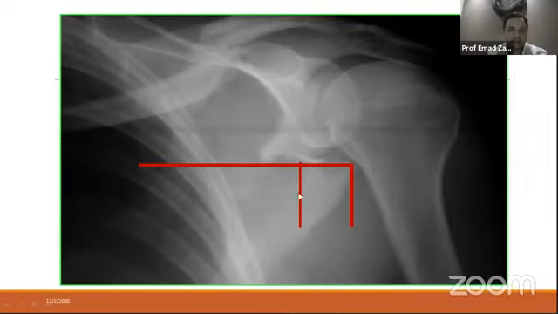So in every case of shoulder trauma, we have to detect any associated fracture with the scapula, such as here we have fracture clavicle, whether there is fracture coracoid, whether there is fracture acromion or scapular spine, and the degree of displacement and the degree of the lateral offset of the distal fragment or degree of medialization of the proximal fragment.